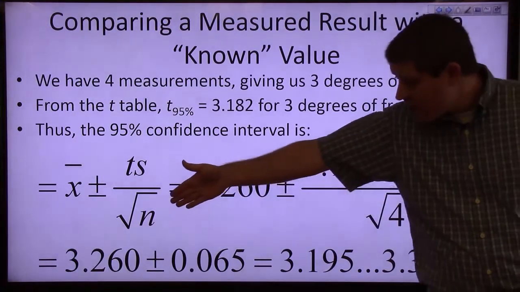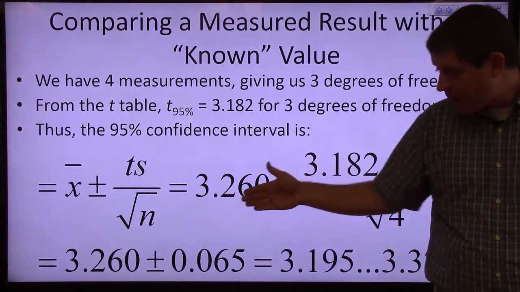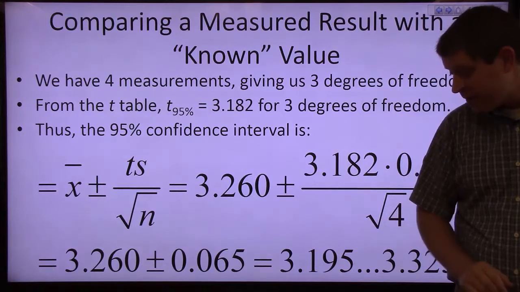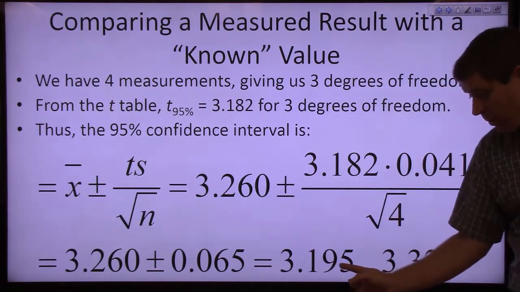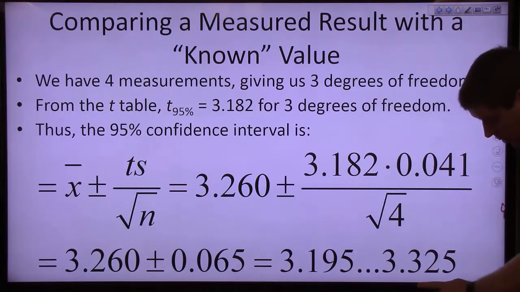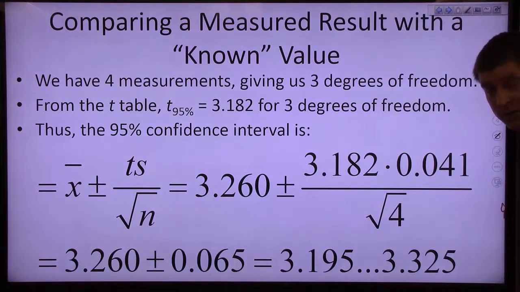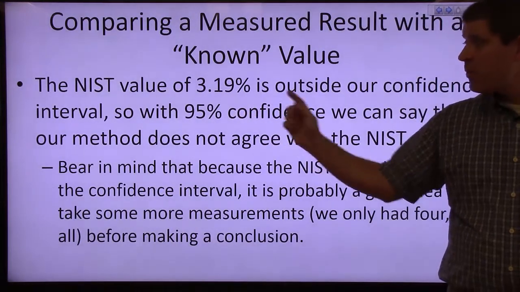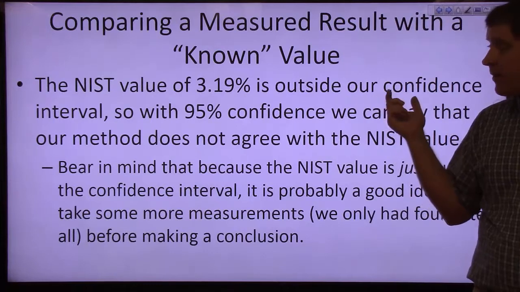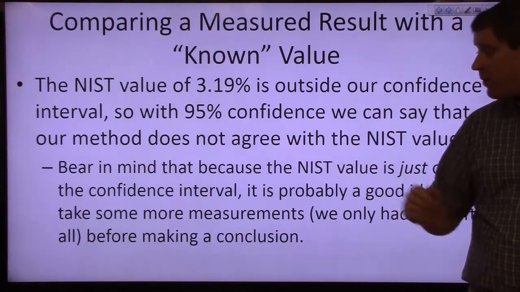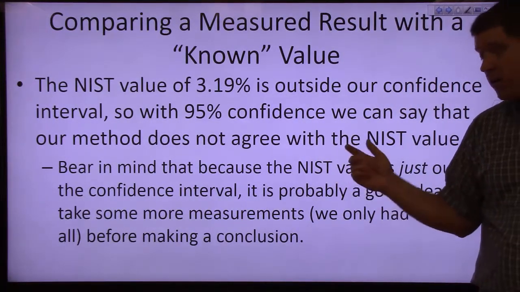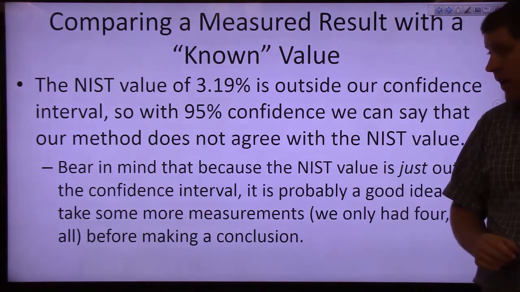And that then gives us 3.260 plus or minus 0.065, which is 3.195 up to 3.325. Now, that NIST value of 3.19 is outside of our confidence interval, so with 95% confidence, we can say that our method does not agree with the NIST value.